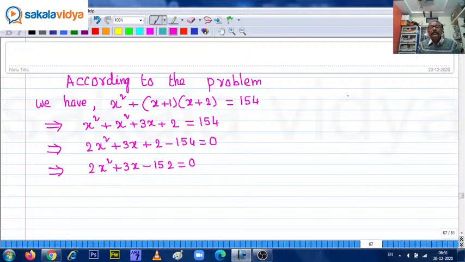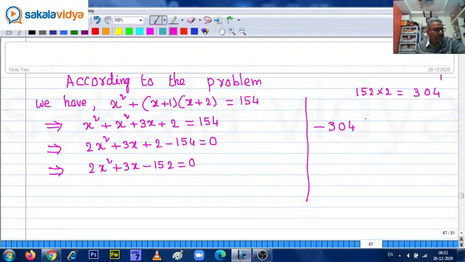Now this 152 multiplied by 2, how much will we get? 304. So here you need to find two numbers whose product is negative 304 and whose sum is 3.